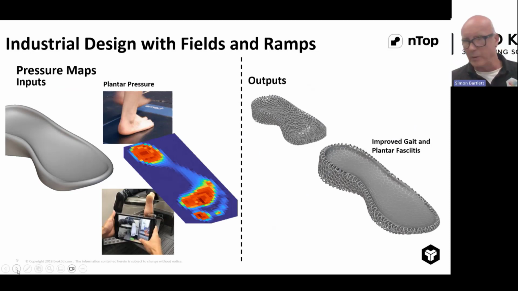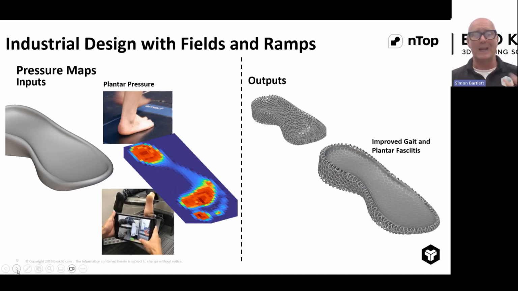Bringing that back to O&P, how can we apply topology? Here's a couple of examples on the next couple of slides. For instance, what we see here is a midsole. On the left-hand side, you'll see a midsole which has been designed in our CAD software. When we talk about field-driven design, we've got two inputs in this particular application.